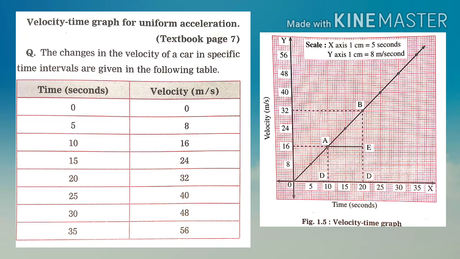Thus, the area of quadrilateral ABCD is equal to the area of quadrilateral AECD plus the area of triangle ABE. In this way, you find out the area covered by the car.